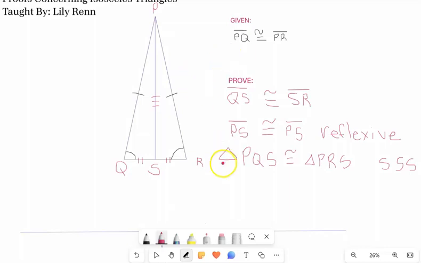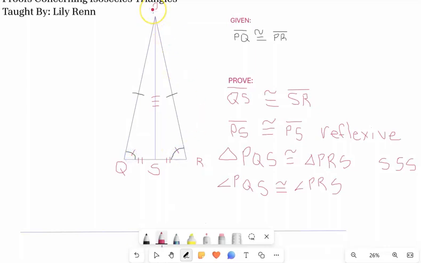That means that angle PQS is congruent to angle PRS, as we can see right here, because they have the same angles.